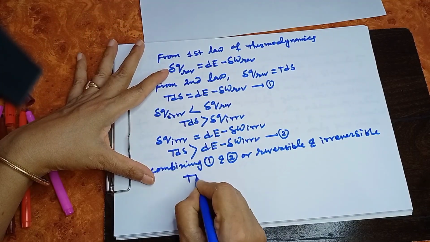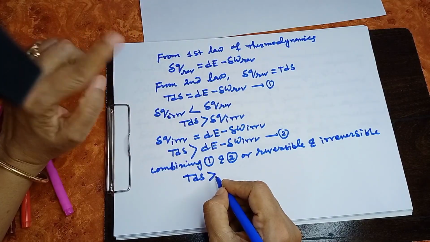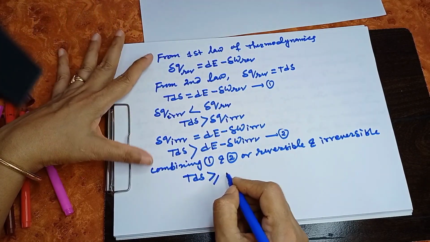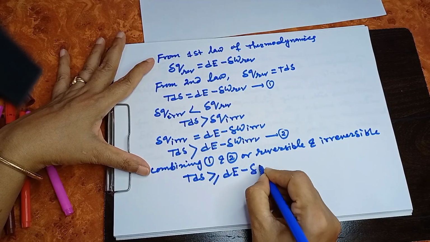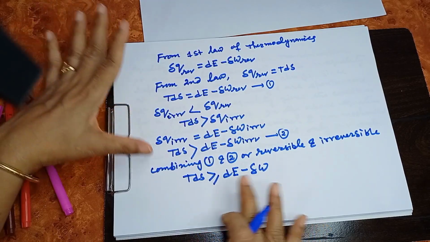TdS greater than for irreversible and equal to for reversible, dE minus del W. This combines both reversible and irreversible.